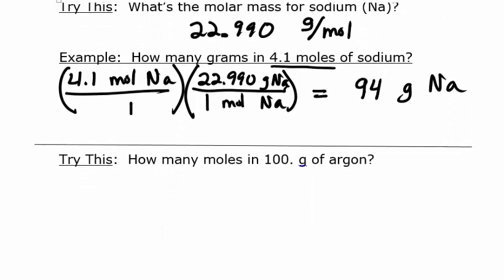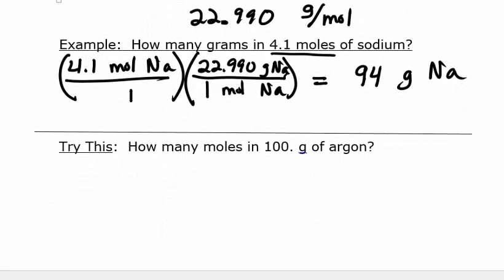All right, now you try a conversion using molar mass. You would do it for argon. You'll need to look up the molar mass of argon in order to do this. All right, we'll proceed. We're starting with 100 grams of argon. Put it over 1.